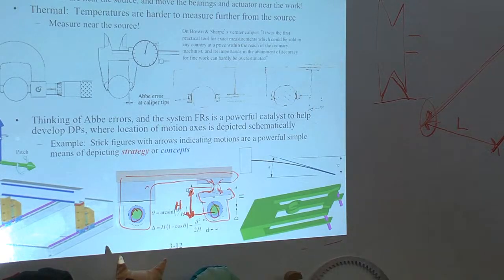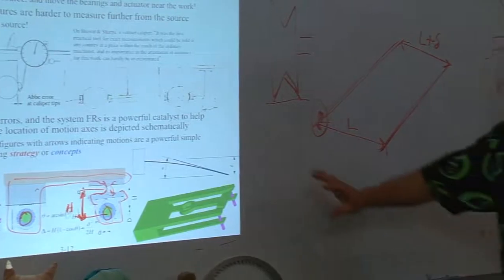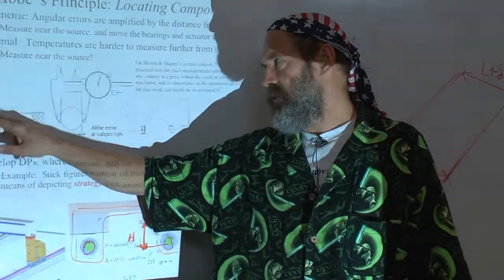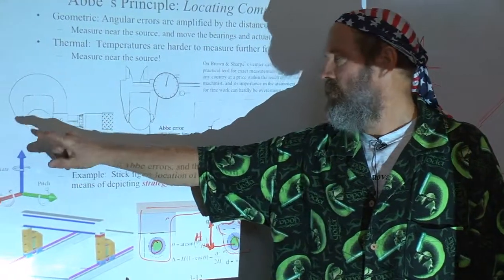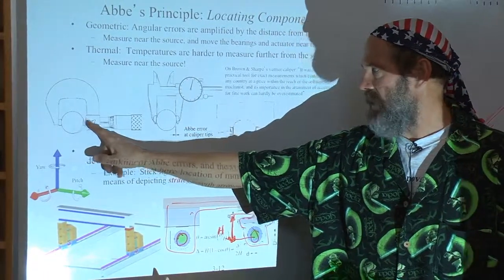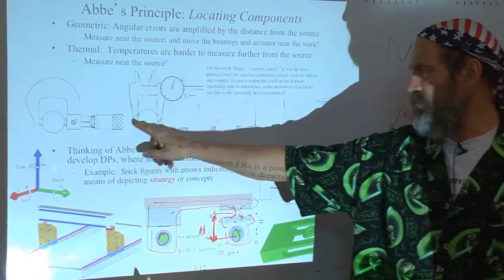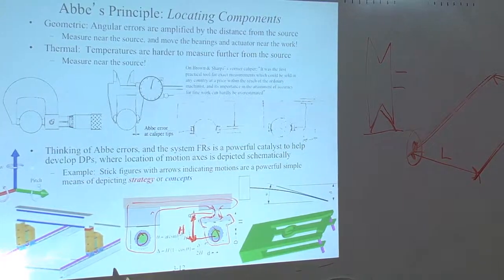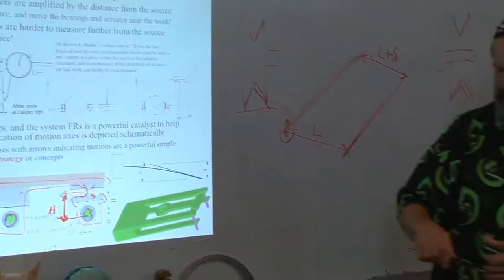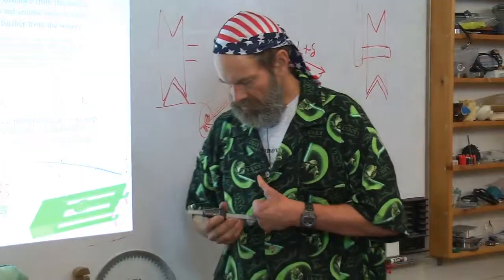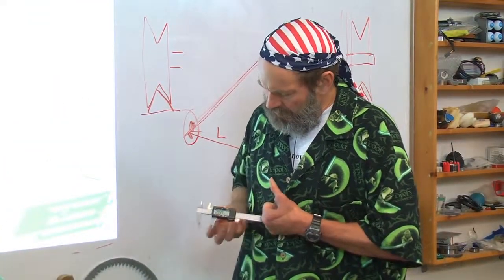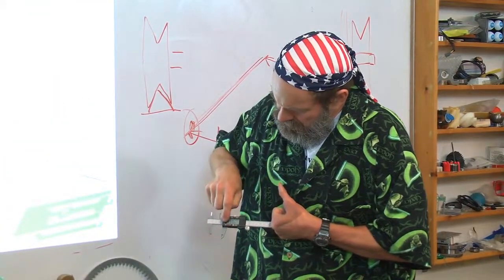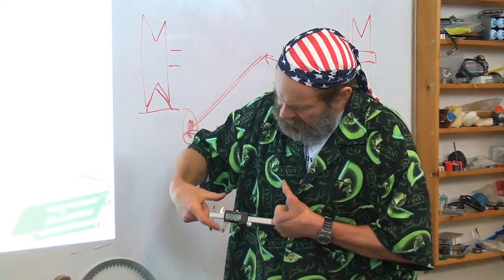How is this in effect in measurement? Think about if you're measuring things with what's called a micrometer, where the measurement axis is right in line with the part you're measuring. Very accurate. Versus a dial caliper, where the bearings are on this level, and the measurement is way down at this level.